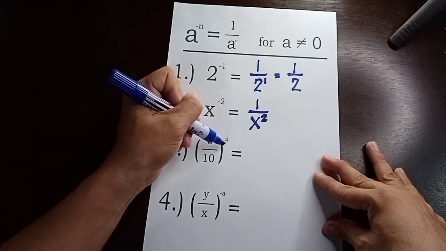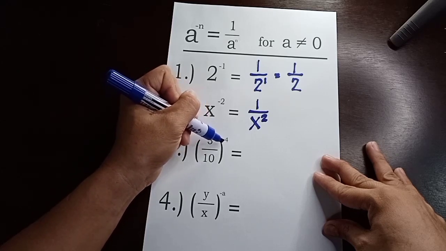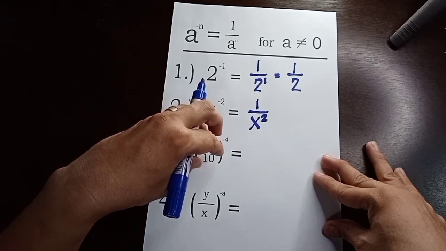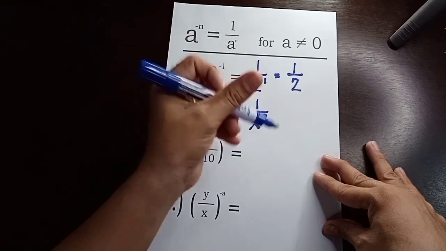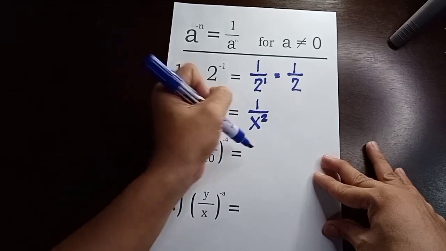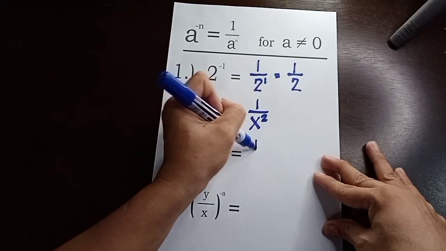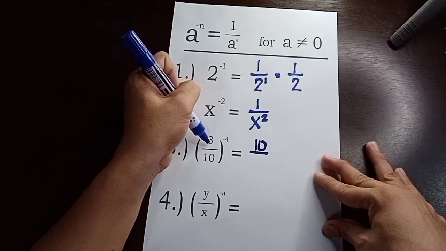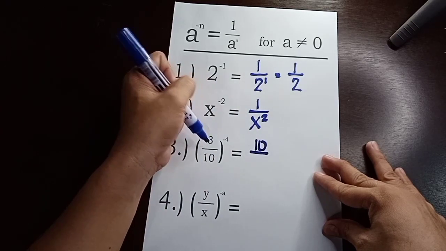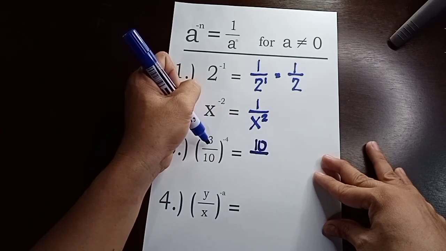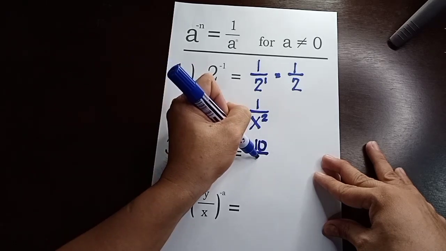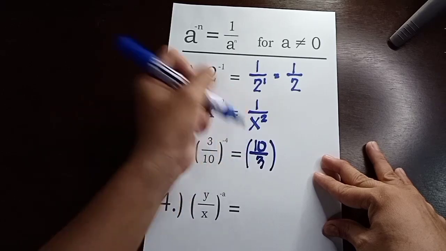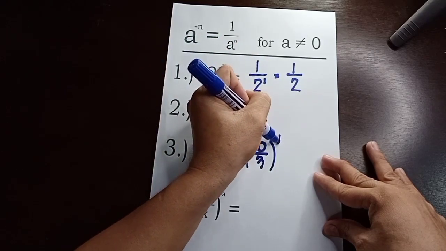Para magiging positive 4 ito, ang 10 from denominator magiging numerator na siya. And then, ang 3 natin dito, galing po sa numerator, magiging denominator. And then, our exponent becomes positive 4.